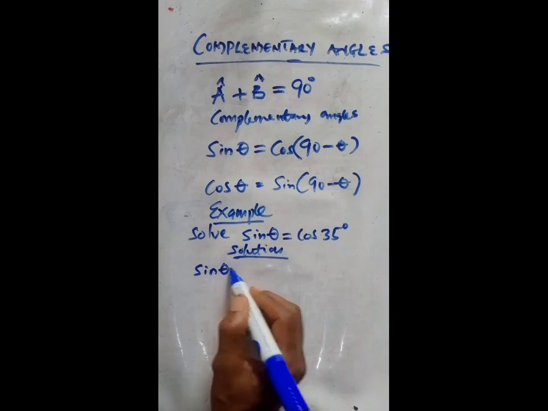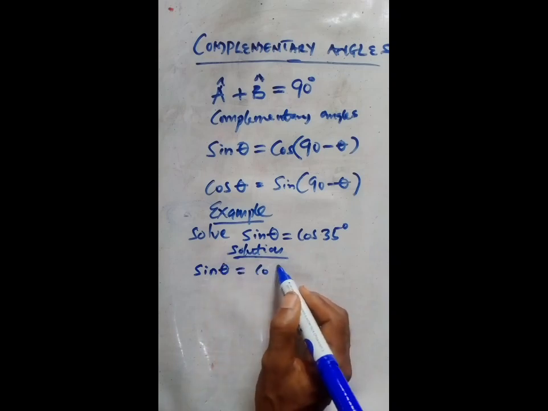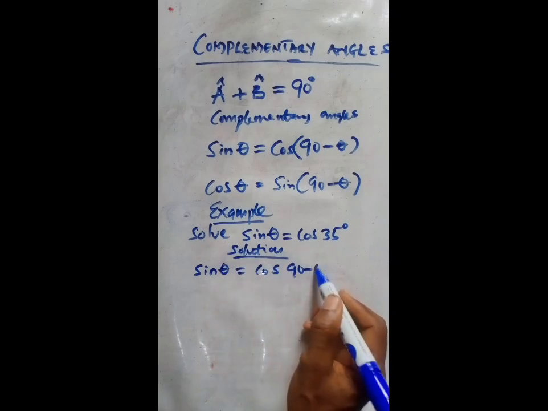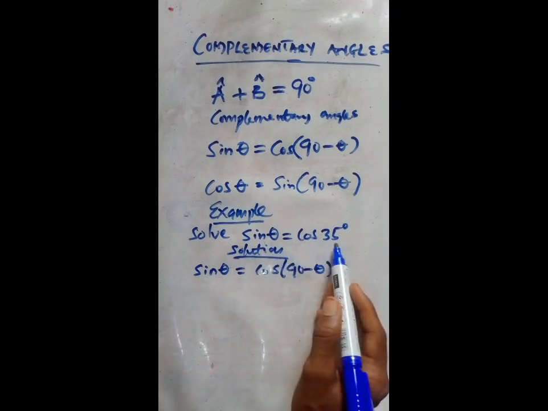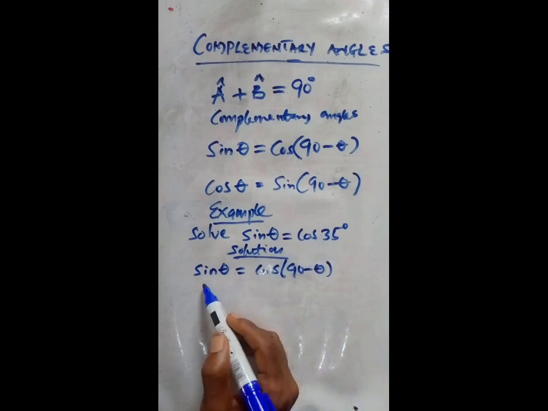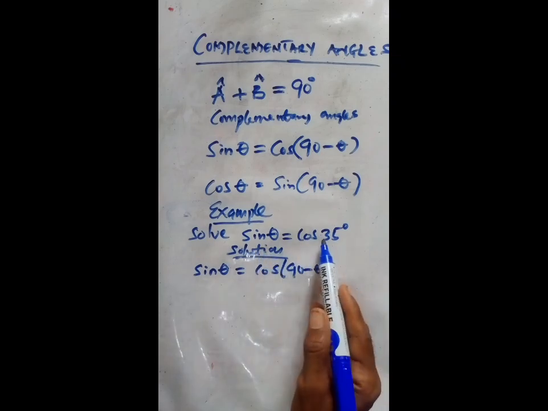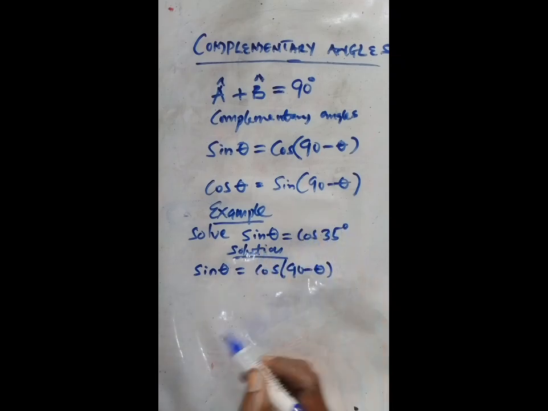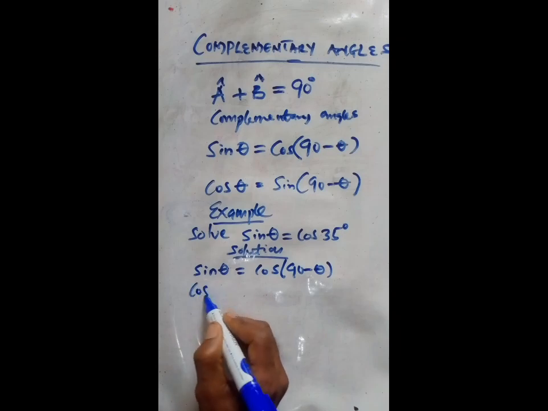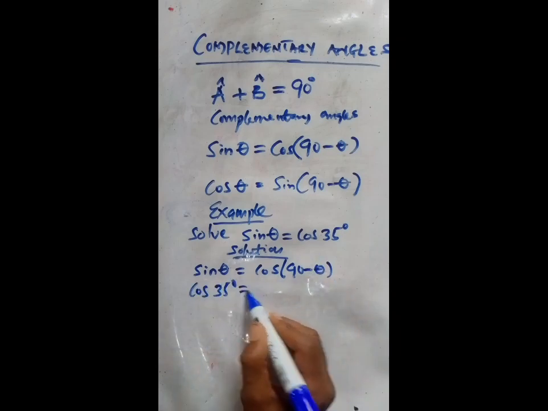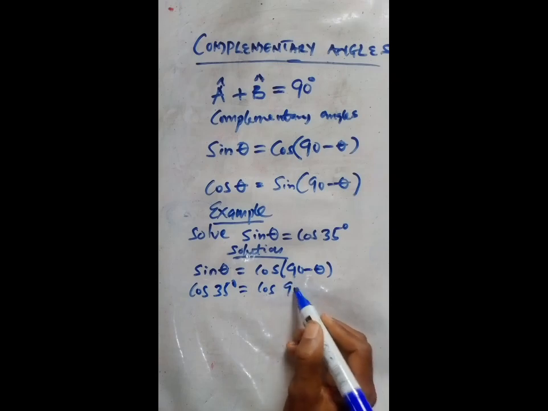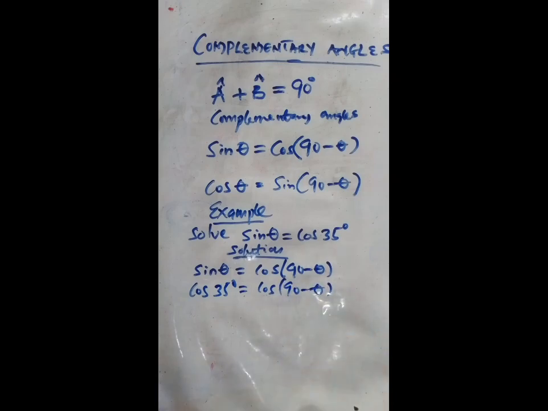There is an identity that says sine theta is equal to cos of 90 minus theta. If you are given sine theta is equal to cos 35, where we see sine theta, we substitute cos 35 there. So we have cos 35 degrees is equal to cos of 90 minus theta.